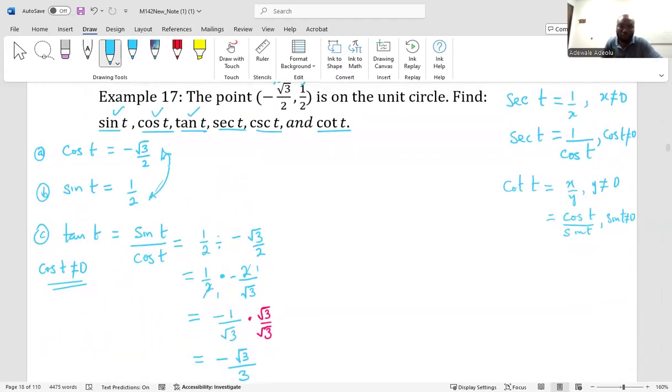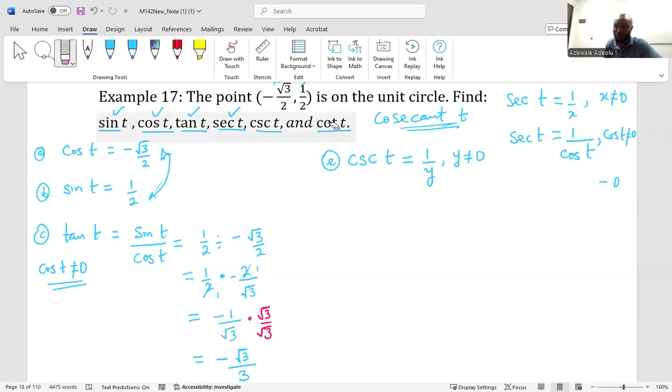The next one is cosecant of t. You can shorten it as CSC. Cosecant of angle t, if you check the formula we have above, is 1 over y. Again, y cannot be 0.